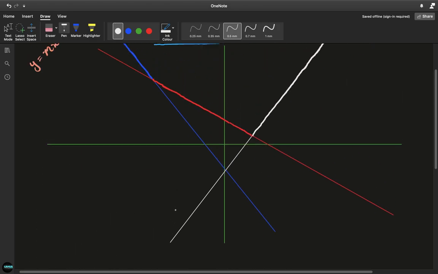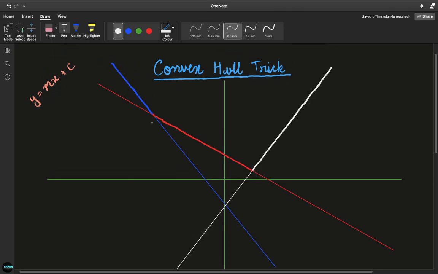So as you saw, each line has some range of x values that it gives the optimal answer for. Now if you look at this part, it forms a convex hull, and that's where the name comes from.